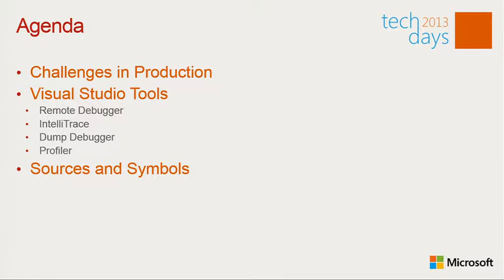The first of those is the remote debugger. The second one is IntelliTrace. We also have the dump debugger and the performance profiler. Finally, I'm going to talk about sources and symbols and how those play an important role in building that end-to-end scenario where you're diagnosing production apps.